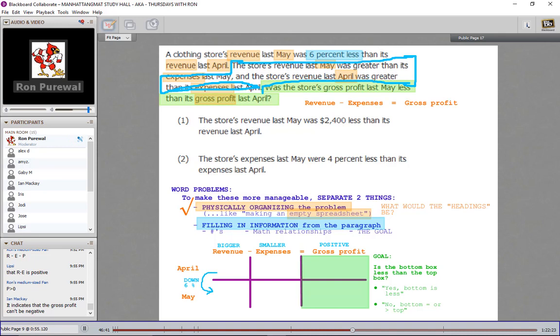So let's put those both in symbols. One possibility is that, other possibility is this. If you can get them both to happen, that's not sufficient. If only one of these can happen, that's sufficient.